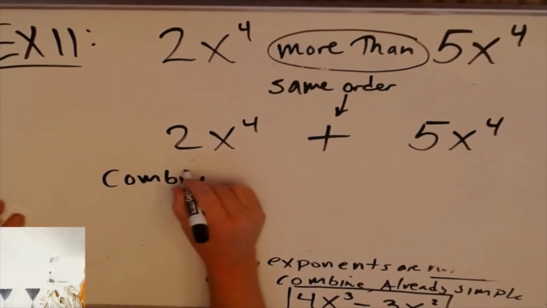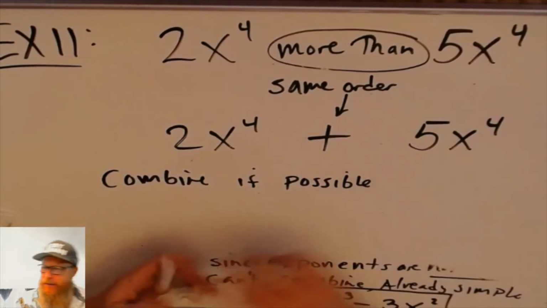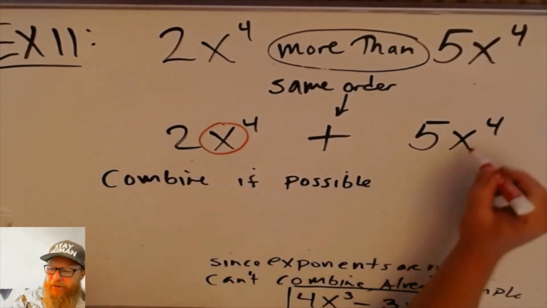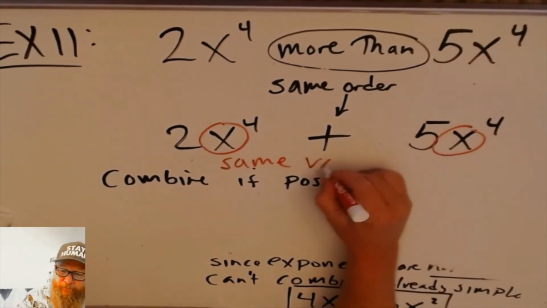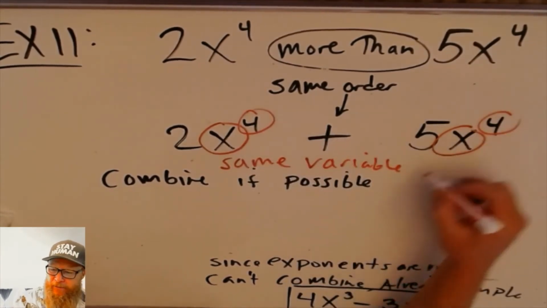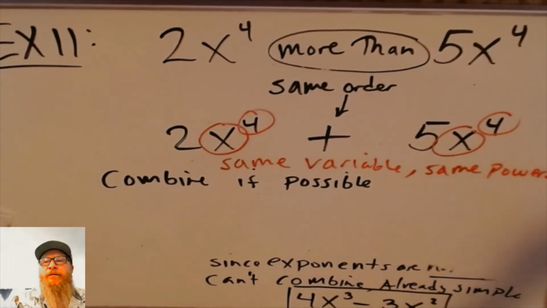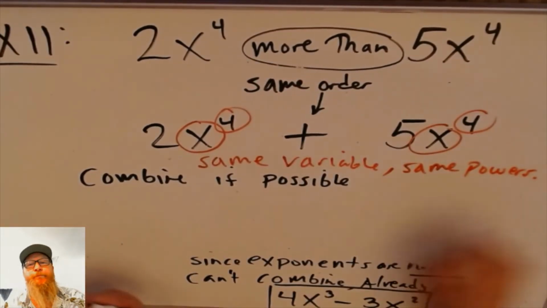Combine if possible. Well, look. Same variable. Same power. Power, exponent, tomato, tomato, means the same thing.